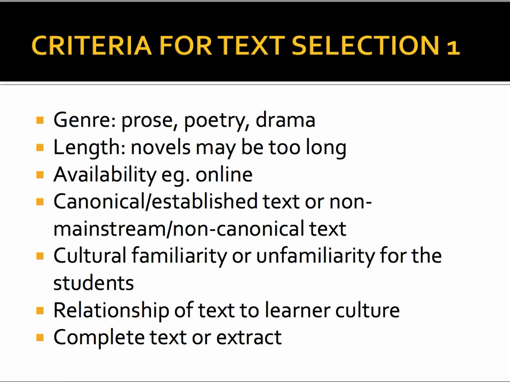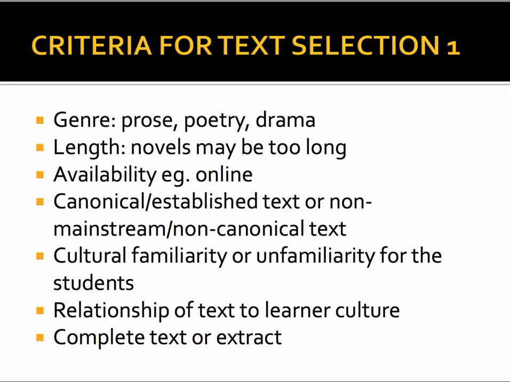Again, this is something we've touched on in previous modules, and that is the cultural familiarity or unfamiliarity of the text. In other words, does it present a society which is radically different from the one that the students are familiar with? And how do you go about bridging that gap, helping the students engage with, for example, a very polite society in the novels of Jane Austen, or the very Victorian environment of the novels of Charles Dickens?